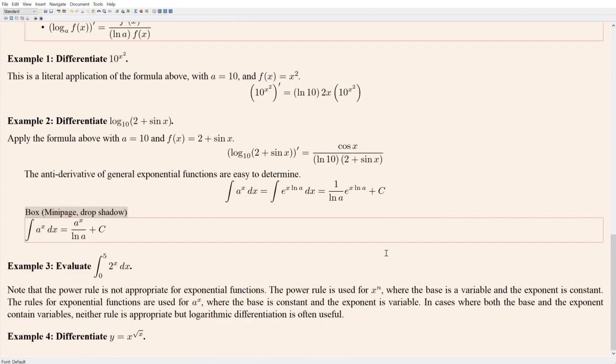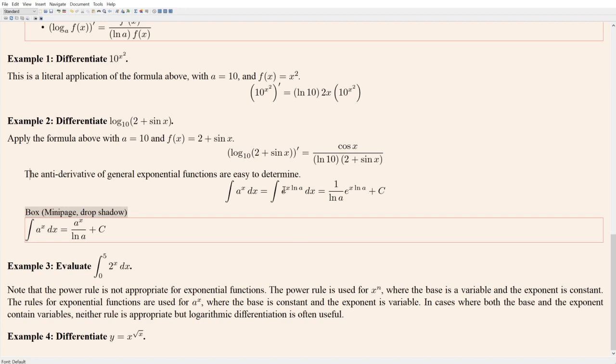So by the same token, finding the antiderivative of general exponential functions is easy. So the antiderivative of a to the x, well, by definition, a to the x is e to the x log a. And remember, we had a formula from the previous section.